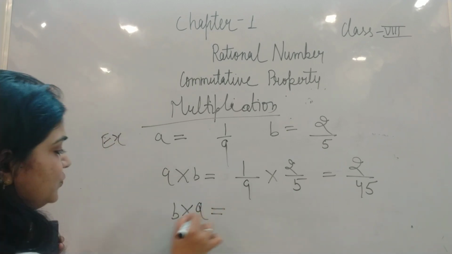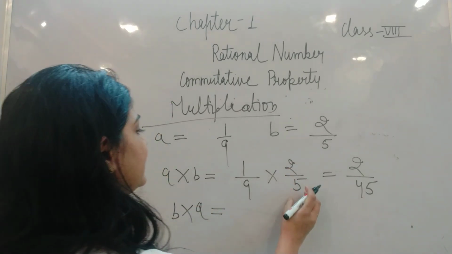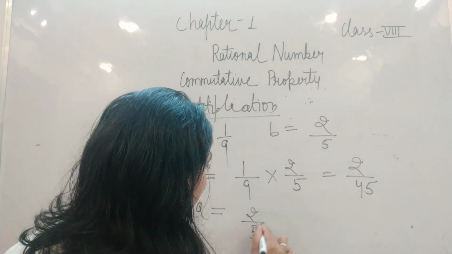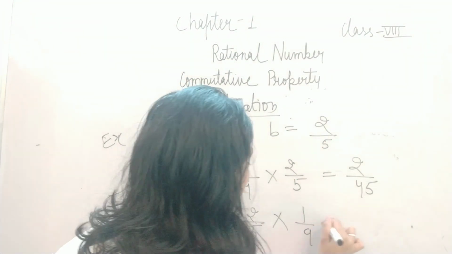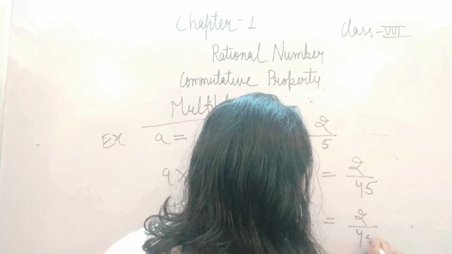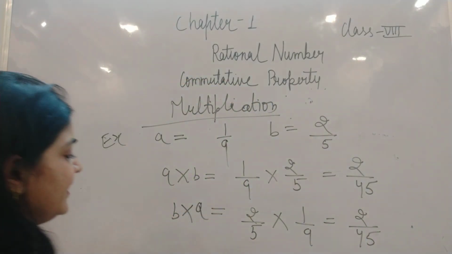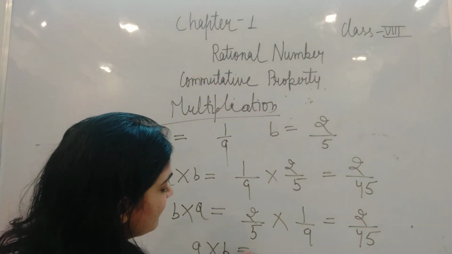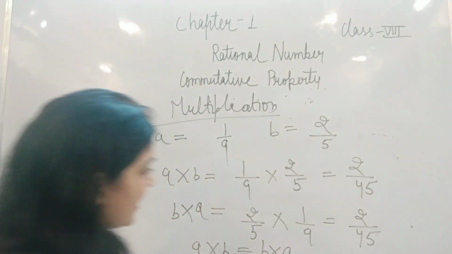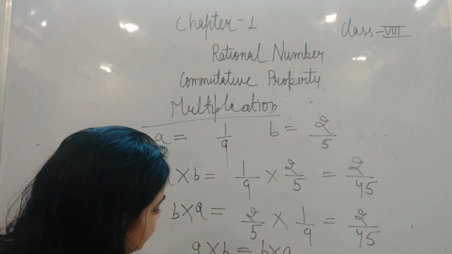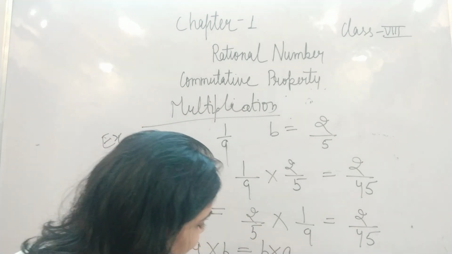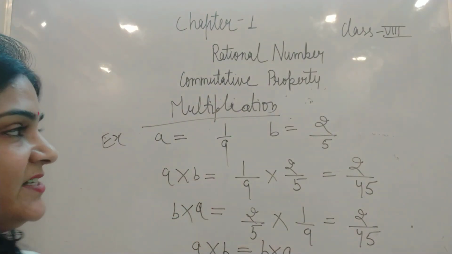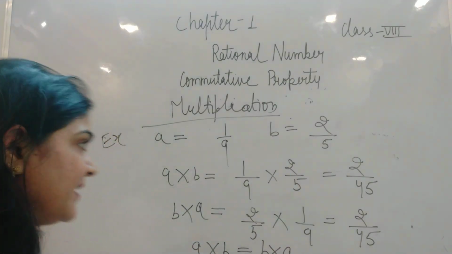Now we will do b multiplied with a. What is the value of b? 2 by 5. What is the value of a? 1 by 9. What will we get? 2 by 45. It means both the values are the same. So we say that multiplication is commutative for rational numbers.